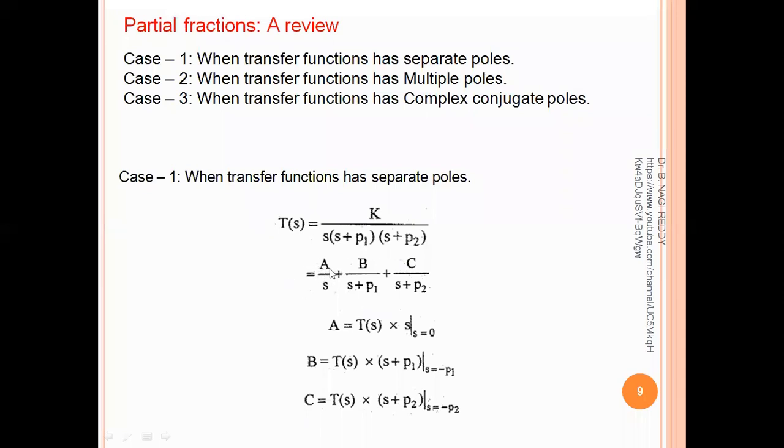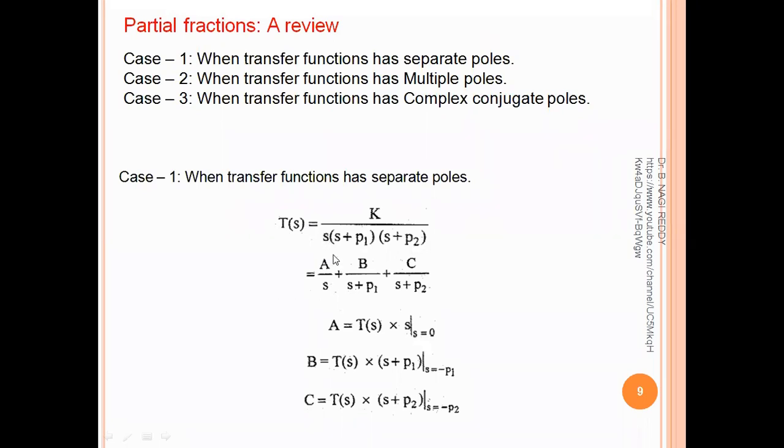In order to calculate a, we need to multiply s to the entire transfer function and also substitute the value s is equal to 0, because you can see here in this case it is only s.